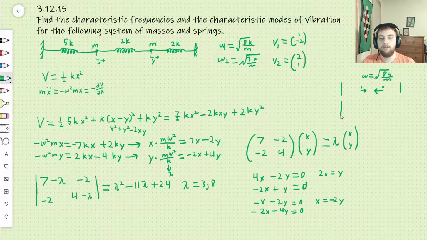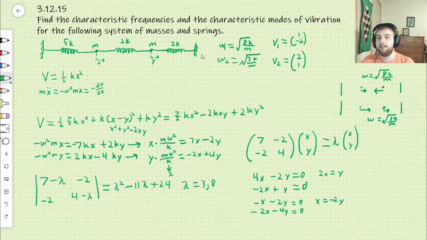And then in our second mode, we have our masses, and when this one goes over a certain amount, this one goes the same, but only half as much. When our frequency is at square root of 3k over m.